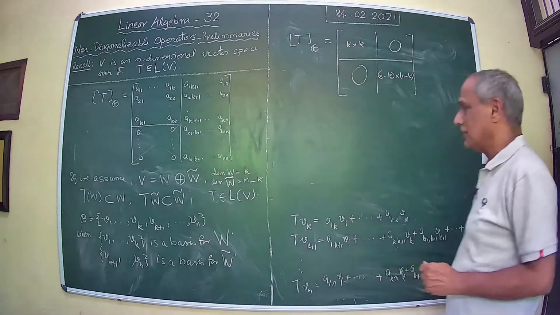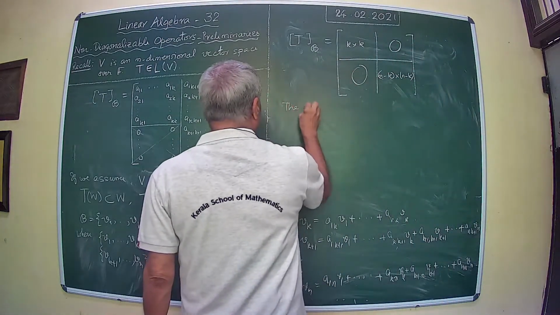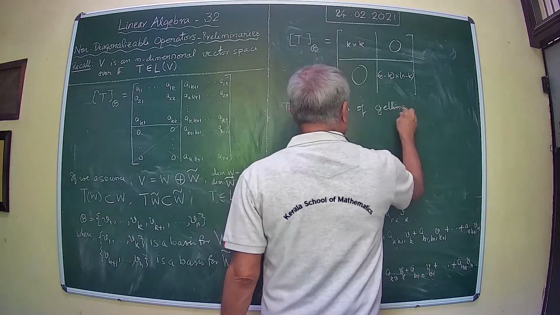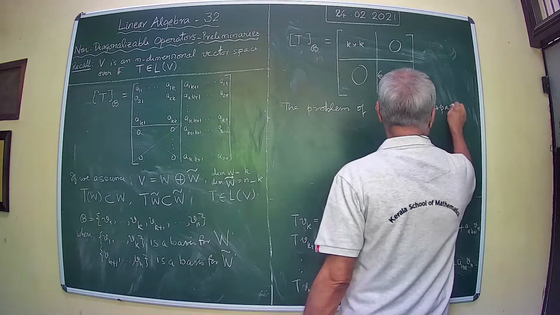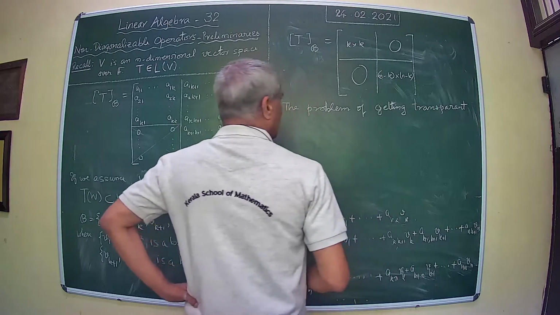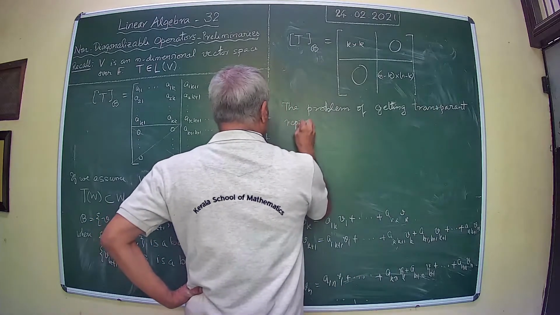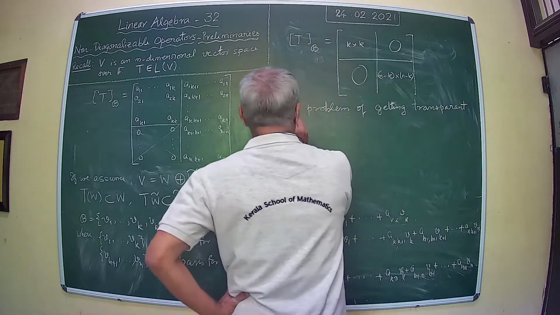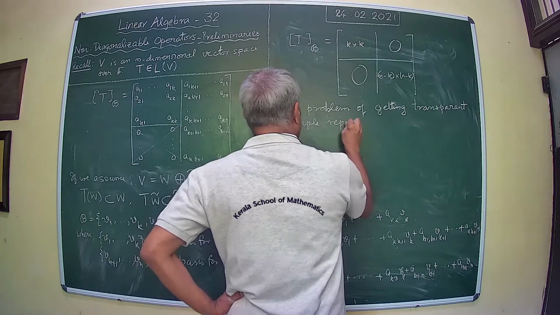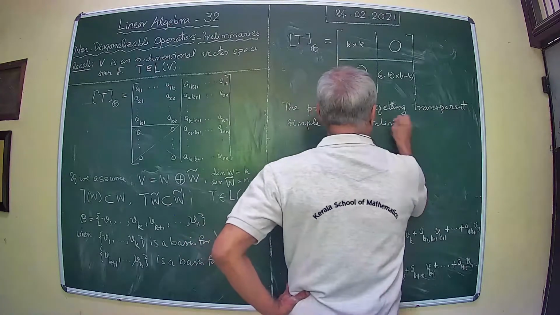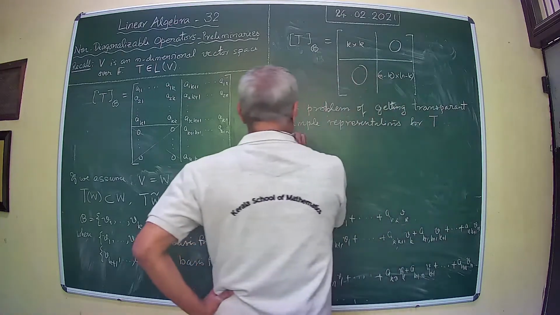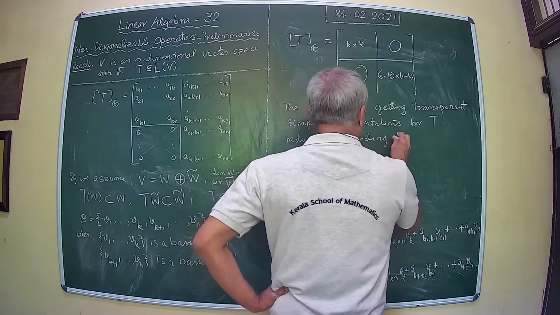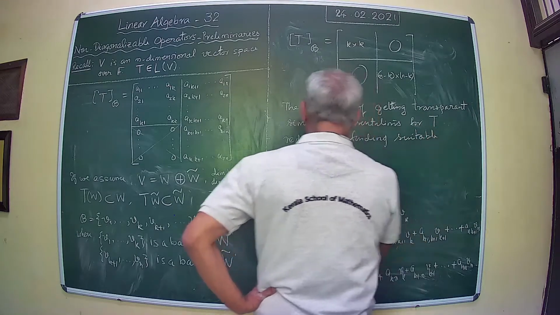Therefore, we observe that the problem of getting a transparent, simple representation reduces to finding suitable invariant subspaces.